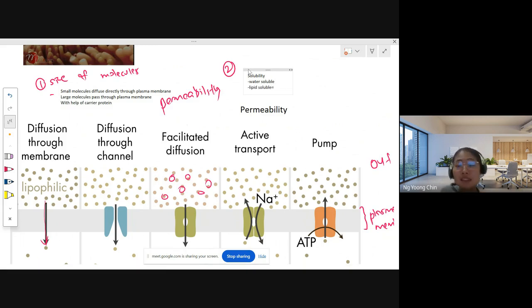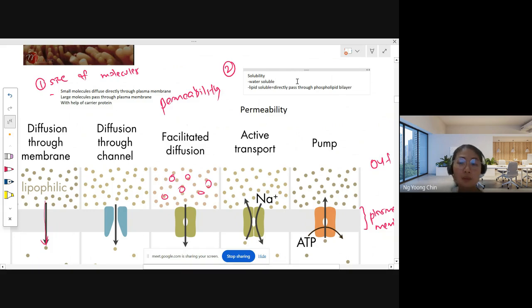If it is a lipid soluble molecule, it is able to pass through the membrane, because our phospholipid barrier naturally contains lipid. So they allow the lipid soluble molecule to pass directly through the phospholipid barrier.